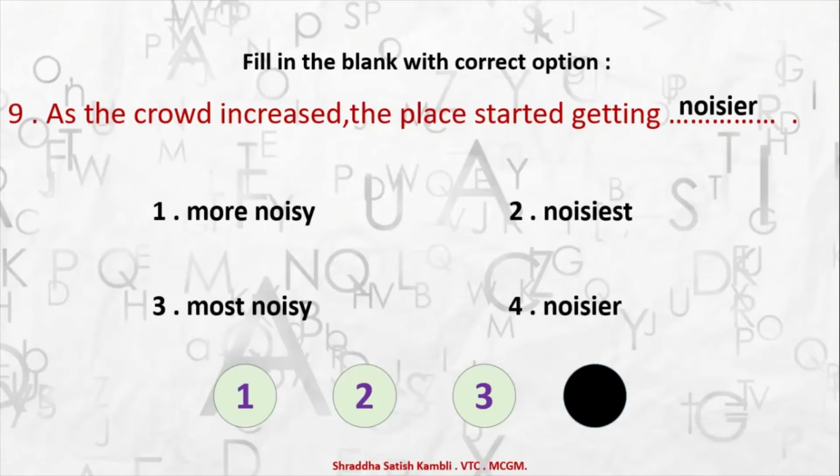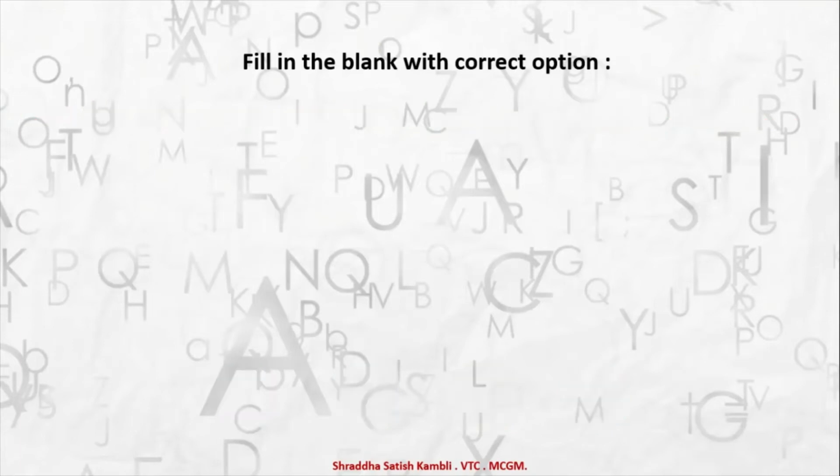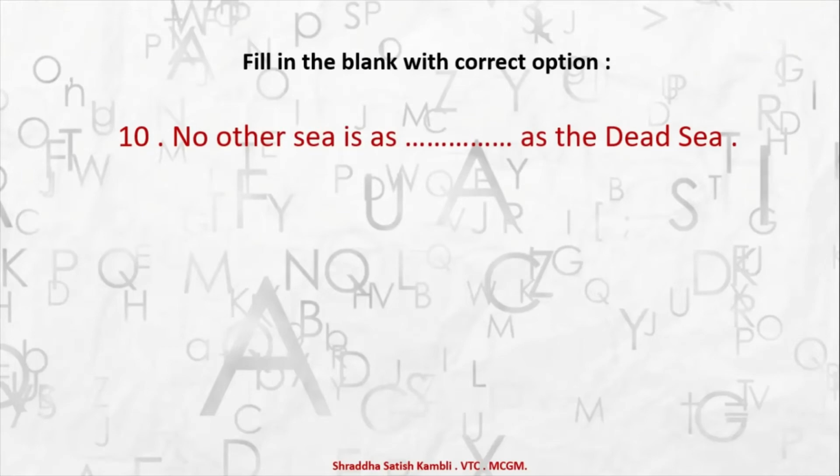Alright, then we come to the last and final question in this particular pattern, which is this one. No other sea is as dash as the Dead Sea. So what is the Dead Sea? Dead Sea is very, very salty. Okay, and because of this high level of salt, there is no flora and fauna.